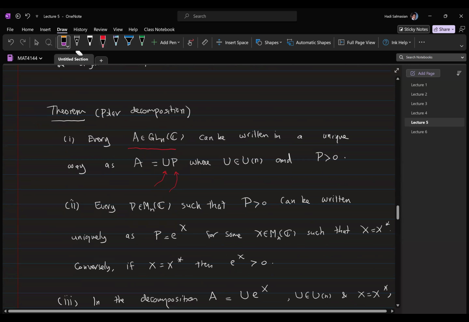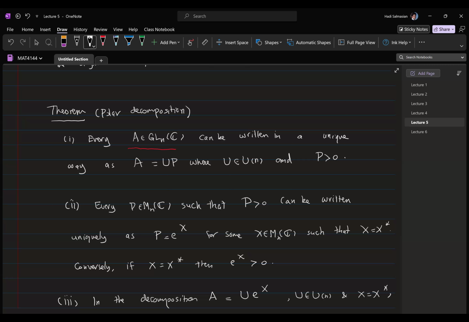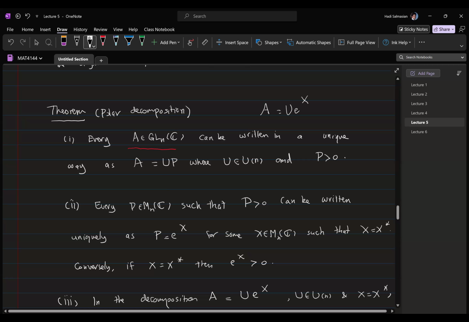So in other words, this theorem says that any element of GLNC can be written in a unique way as a unitary times the exponential of something Hermitian. And the U and the X continuously depend on A. All right, so that was the assertion.